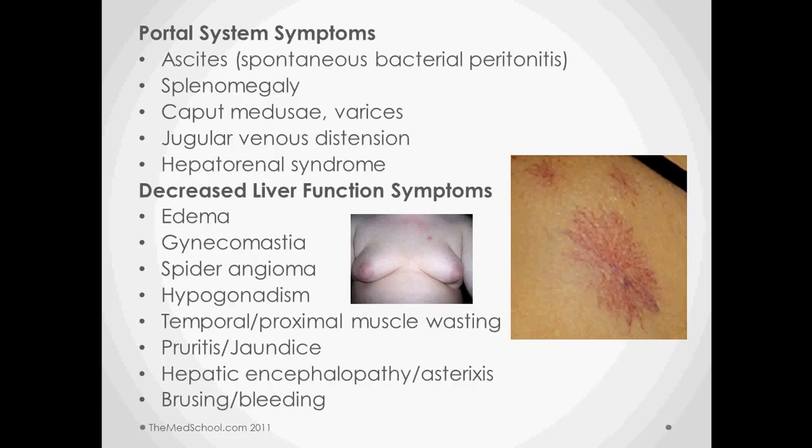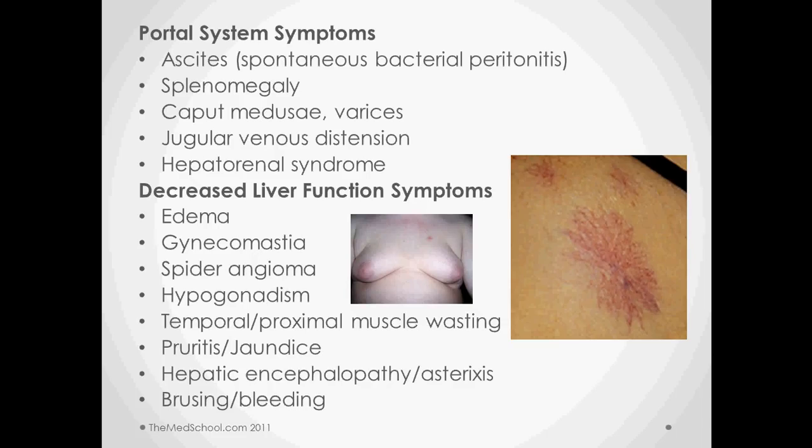If the liver is not working properly, especially in cirrhosis, either alcoholic or viral, post-hepatitis cirrhosis, you get a backup of blood. This can also happen if you have some kind of blockage in the portal venous system, like in Budd-Chiari syndrome.